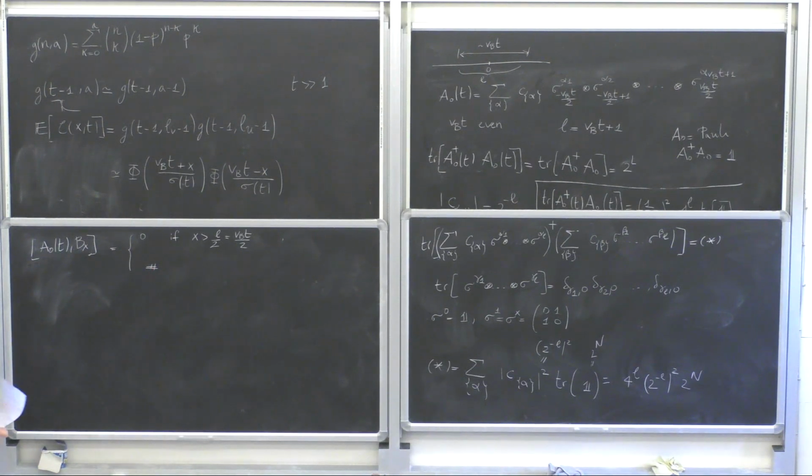Okay, and so what is this thing which is non-trivial? So suppose that Bx is some sigma alpha at position x. This commutes with exactly half of the strings, and anti-commutes with exactly half of them.